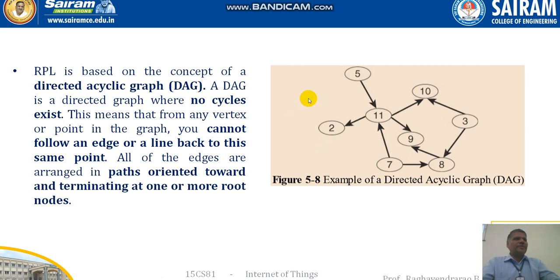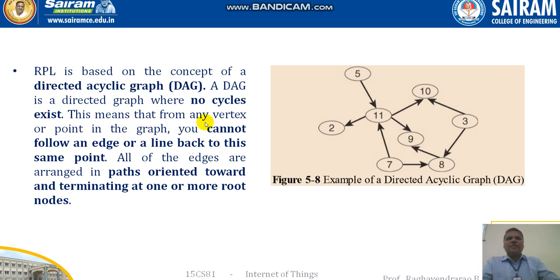All are independent nodes and directly connected, but there is no cycle. Suppose 9 to 8 existed, then there would be 7, 11, 9, 8, so there would be a cycle. Here there is no cycle. That is called an acyclic graph.